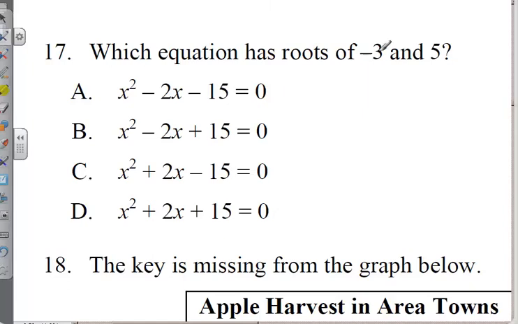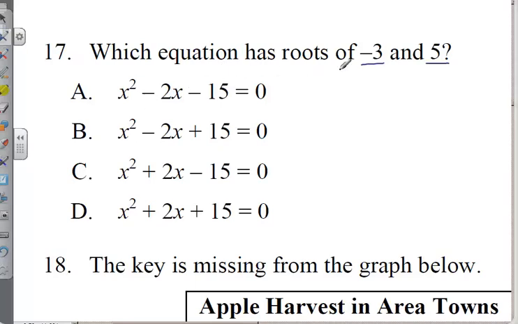Well, look at your roots, -3 and 5. In order for these two numbers to be the roots of any one of these four options, they need to check in the equation.